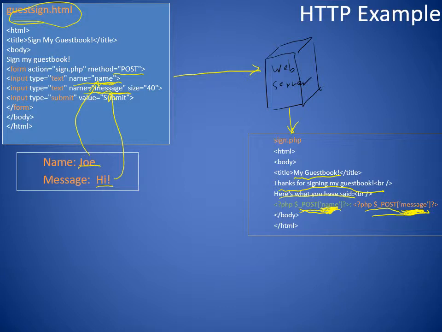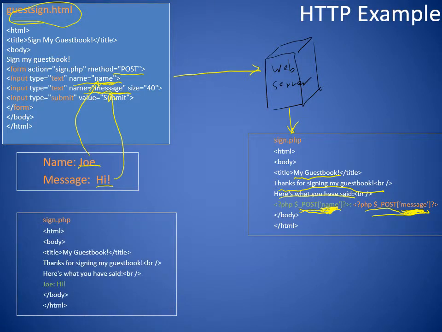As a result, the web server will generate a web page in the following format back to the user's browser. So in this example, the user will receive a web page that lists his name and the message that he posted earlier.